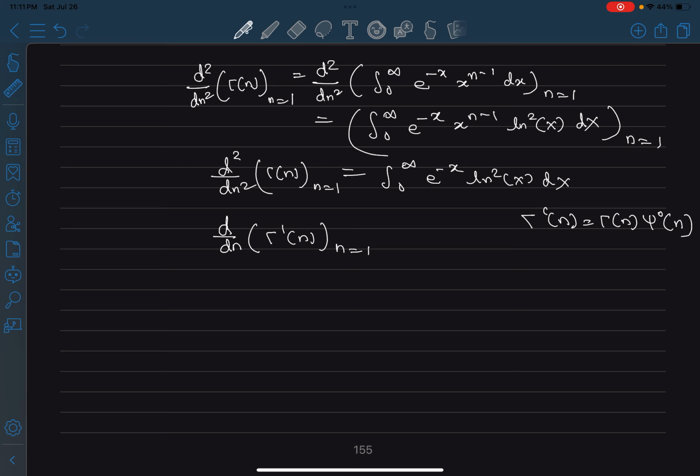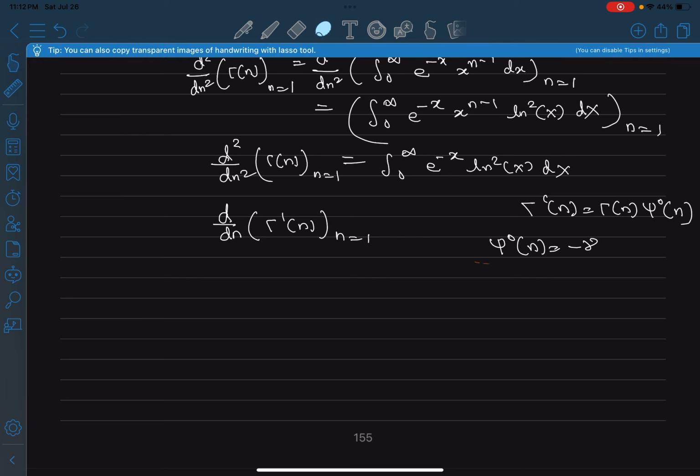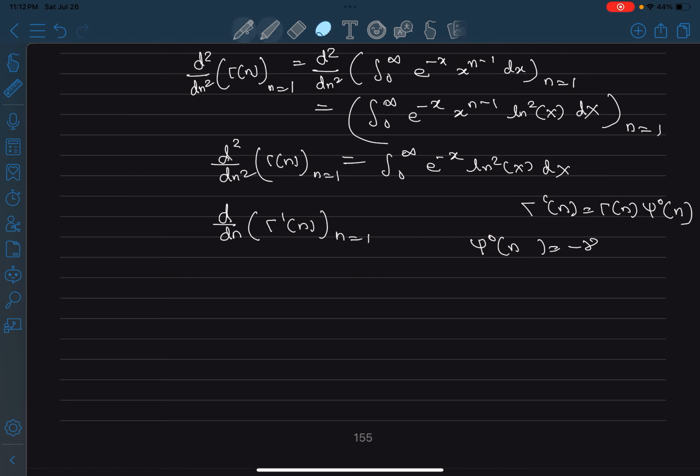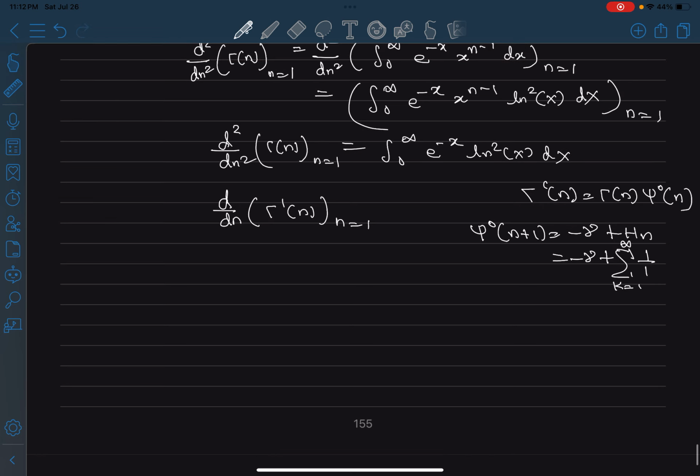The digamma of n is minus the Euler-Mascheroni constant plus the (n minus 1)th harmonic number. If you want to write the harmonic number as an infinite sum, you can write it as the sum from k equals 1 to infinity of 1 by k minus 1 by k plus n. So this is the digamma function.